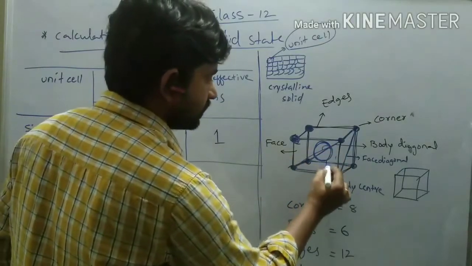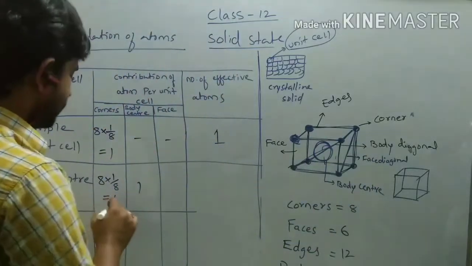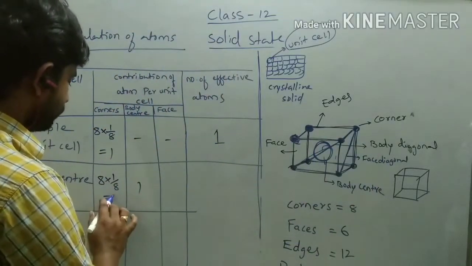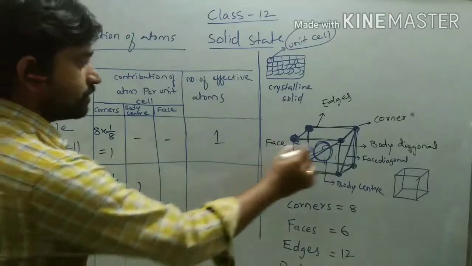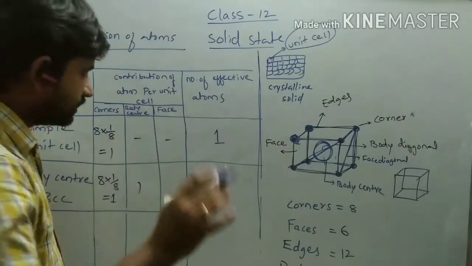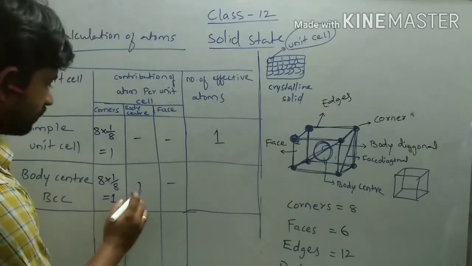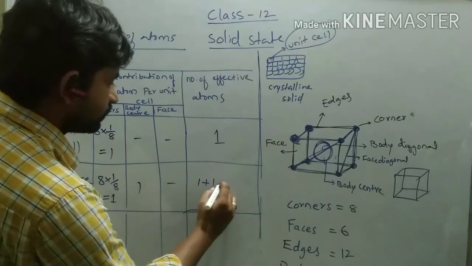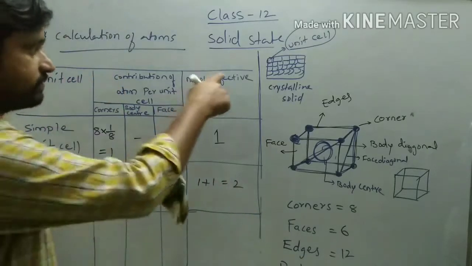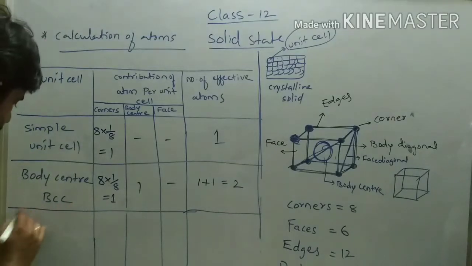No face centers here. Number of effective atoms 1 plus 1 is equal to 2. Number of effective atoms, how many are there here? 2 are there.